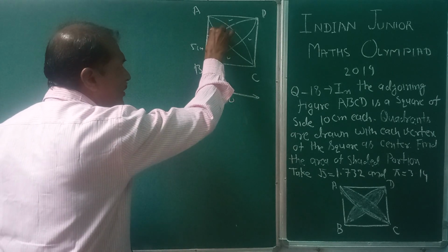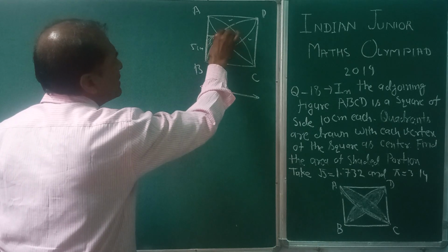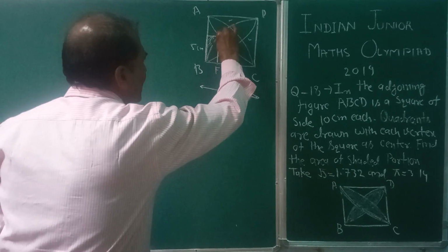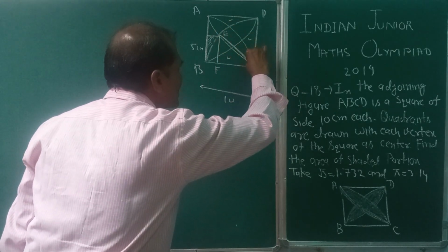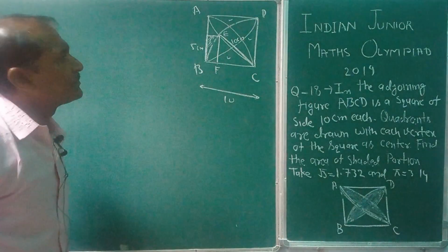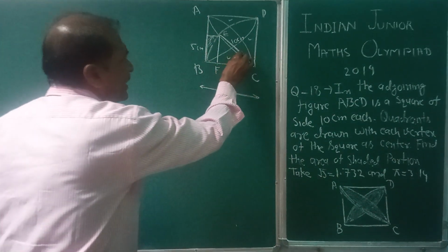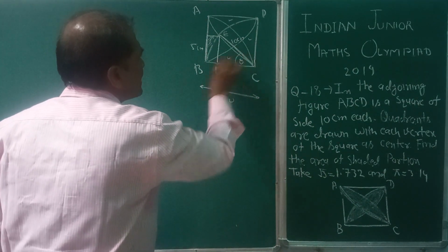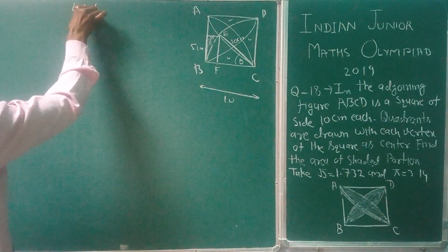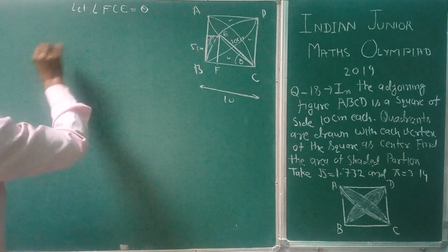Let us mark some more points. Draw a perpendicular from this point on the side BC, like this point is E and this point is F. First of all, this length CE will be 10 centimeter because this is the radius of this quadrant. So in triangle FCE, let angle FCE equal theta.